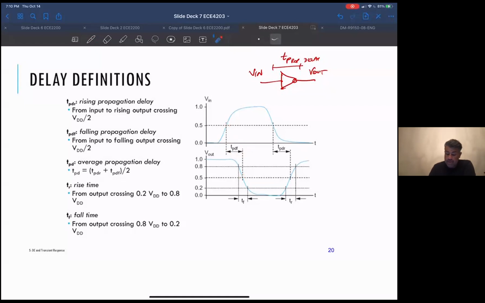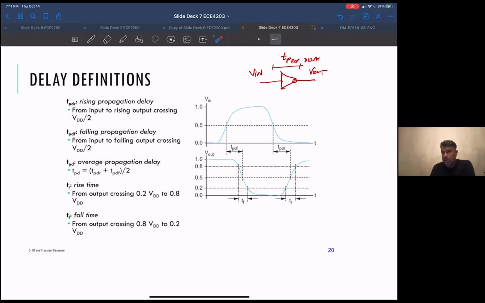If it was a 1.8 volt process, or a 0.18 micron process like we have in our class, then Vin would go from 0 to 1.8 volts, and the 50% point would be 0.9 volts. It wouldn't be 0.5 volts. So it'd go from 0.9 volts on the input to 0.9 volts on the output. So this is a prop delay fall, and then you'd have a prop delay rise.